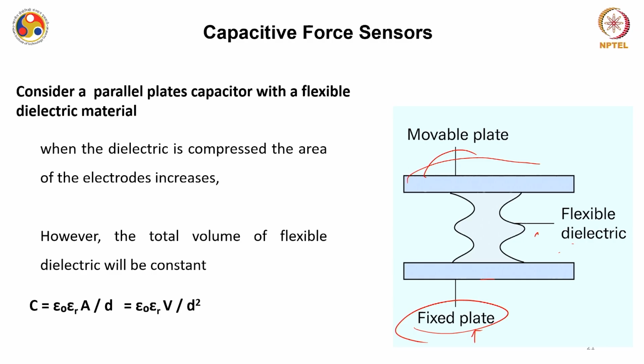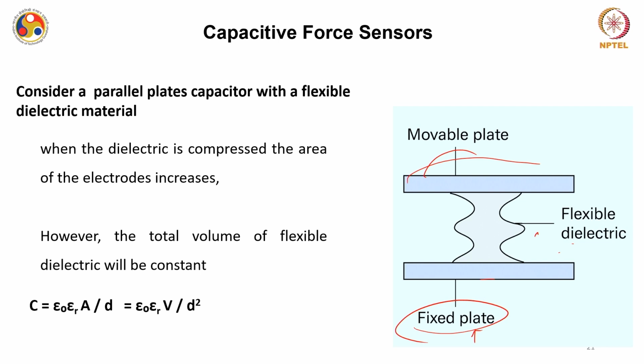Now when the dielectric is compressed, the area of the electrode increases. However, the total volume of the flexible dielectric will remain constant. So we know that from the parallel plate configuration, C is equal to epsilon naught epsilon r A by d.